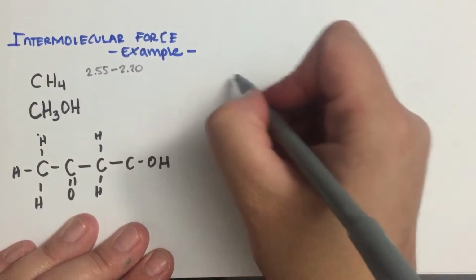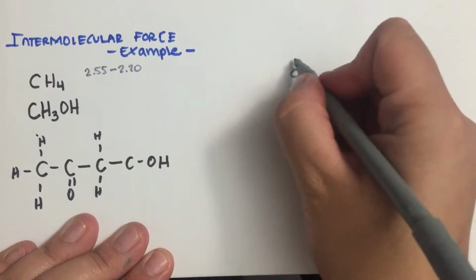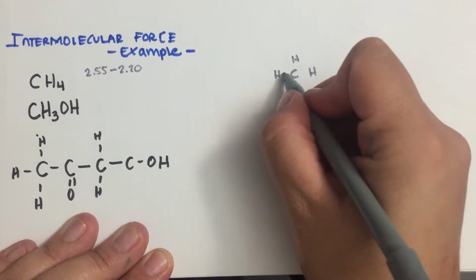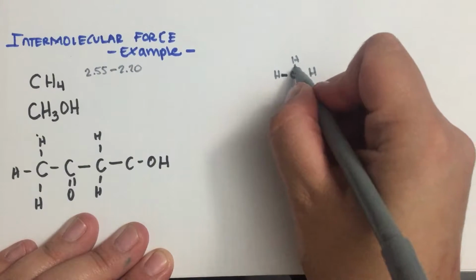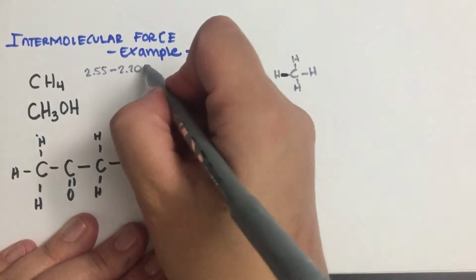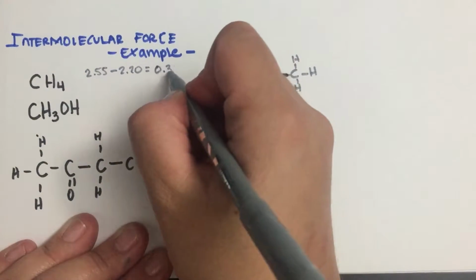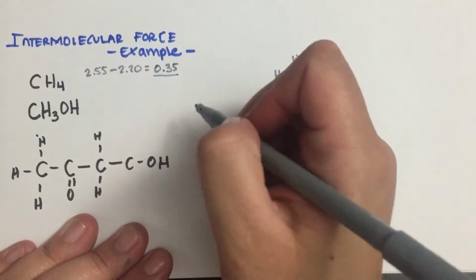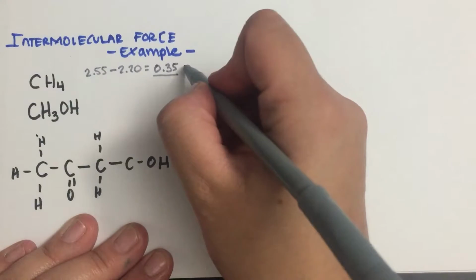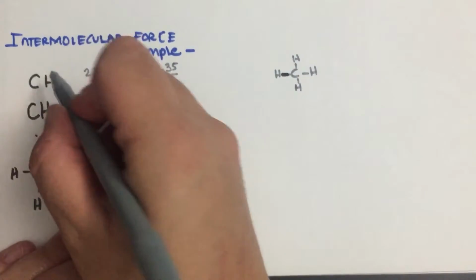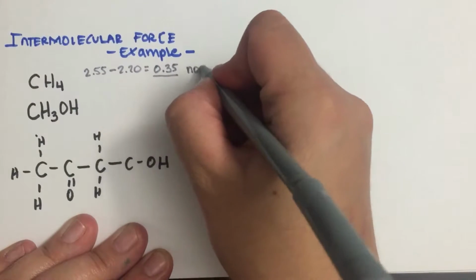For example, if we have carbon and the hydrogens around it, you're just looking at one of these four bonds, only one. Here you have the difference, and remember this falls in the range for non-polar covalent bonds. So the type of bond occurring within this molecule is non-polar covalent.